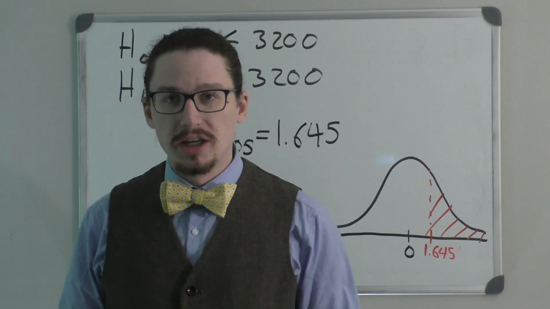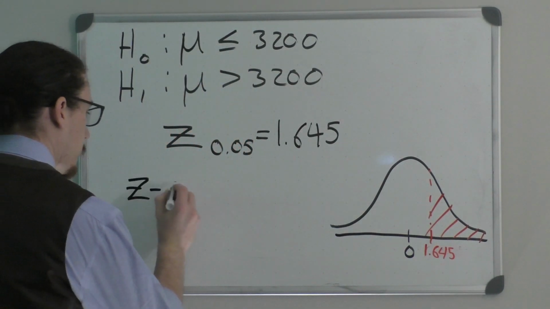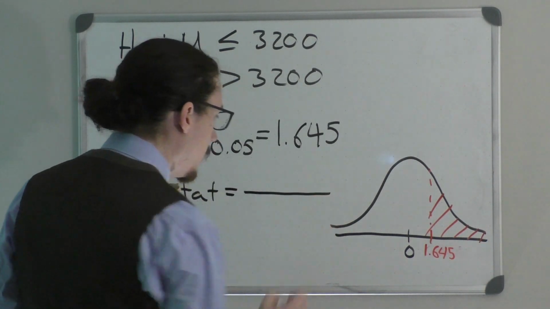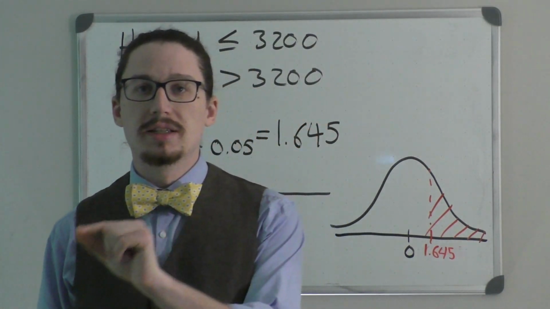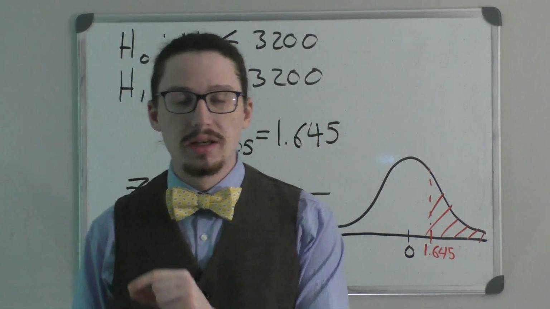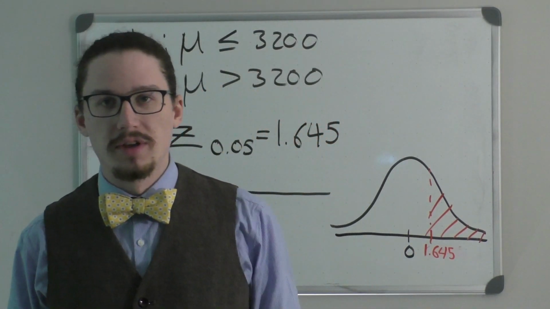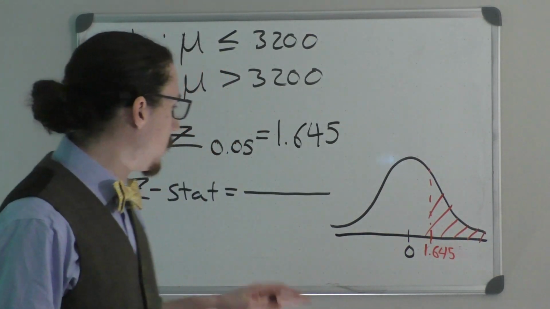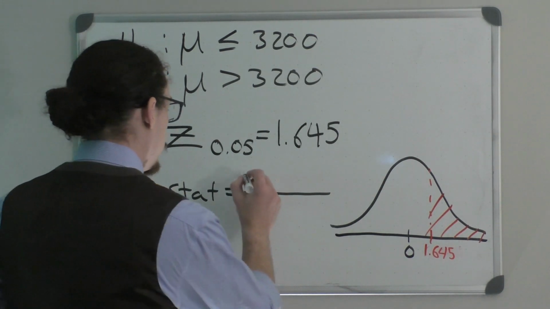Now we go on to the fourth, which is calculating the test statistic. If we remember, our test statistic is x bar minus c, that arbitrary constant, divided by sigma divided by the square root of n, or, if we don't have sigma, s divided by the square root of n. So x bar we know is 3,341.